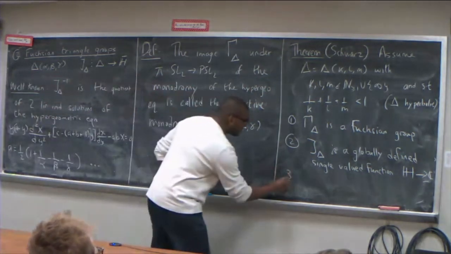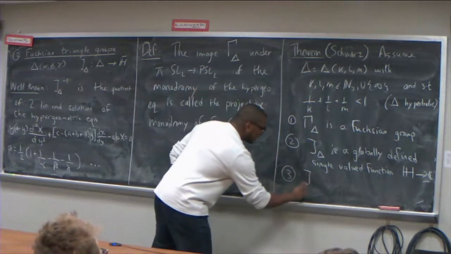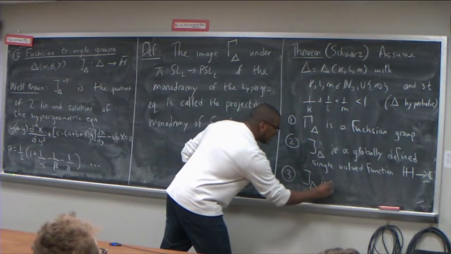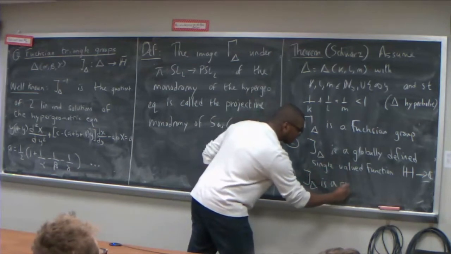And the third, sort of most important, is that J_triangle is automorphic.